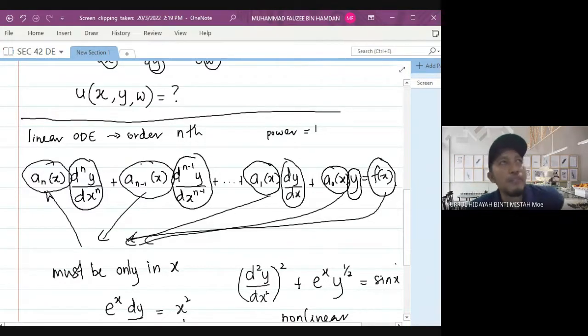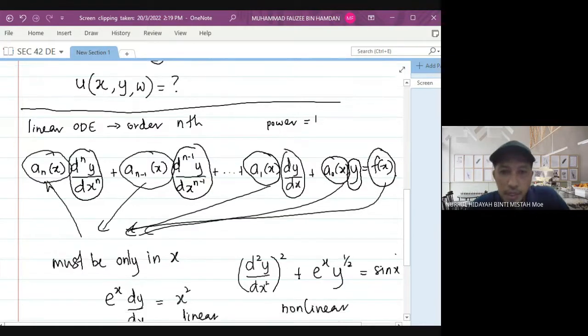How do we identify the order of the ordinary differential equation? By looking at the highest differential coefficient that exists in our equation.